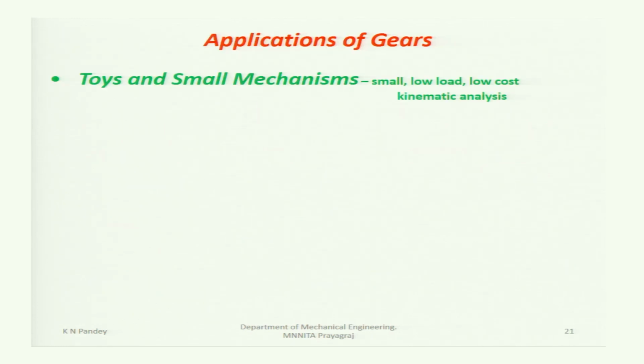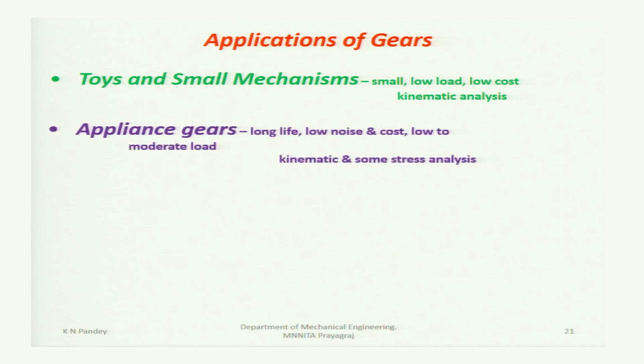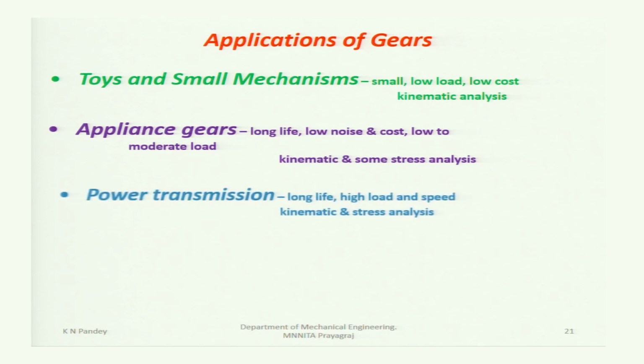Now, the gears are used in a number of applications like toys and small mechanisms, in which a small low load, low cost and kinematic analysis is required. Appliance gears, long life, low noise and cost, low to moderate load are there. In those cases, both kinematic and some stress analysis is required.